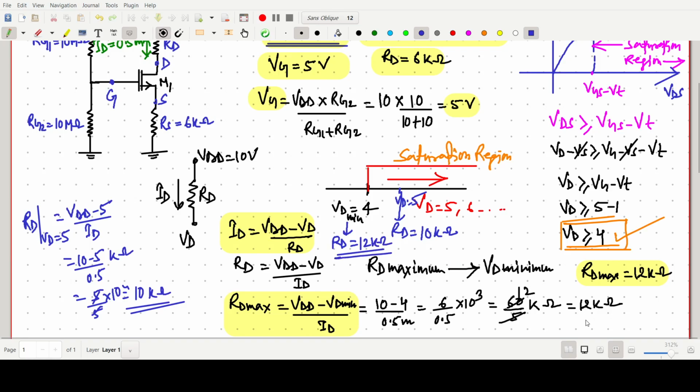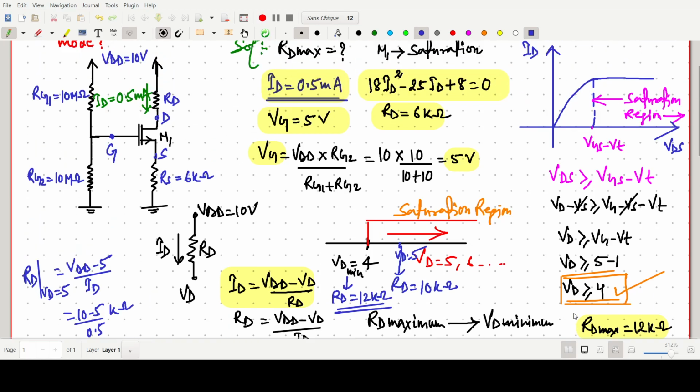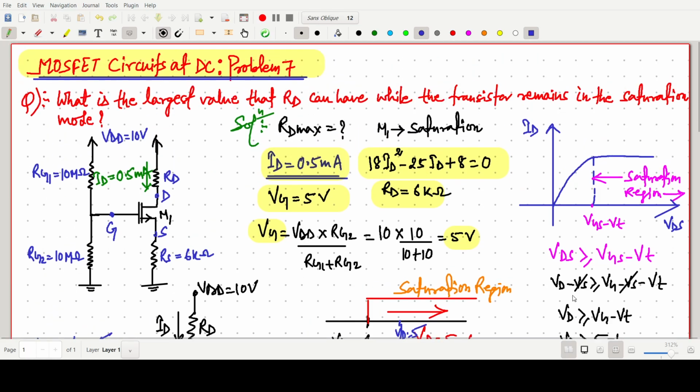In the question they are asking the maximum value of RD, so RD max value will be 12 kilo ohm. So this is all about this simple question.